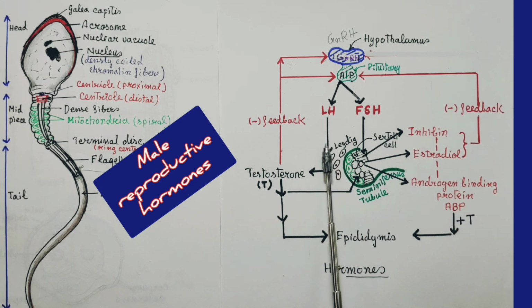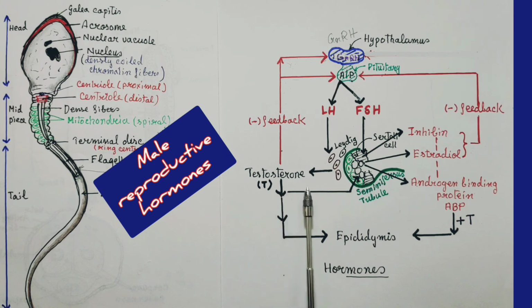LH also enters the testes and it stimulates the Leydig cells which surround the seminiferous tubule. And the Leydig cells in response release testosterone, responsible for developing the secondary sexual characteristics in males during adolescence.